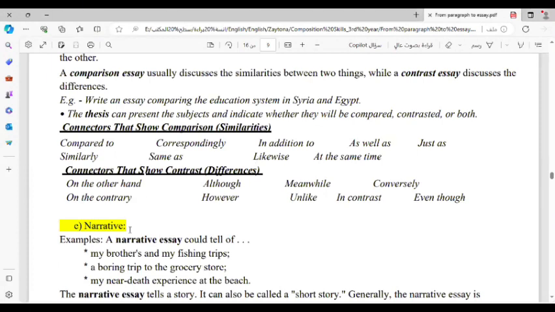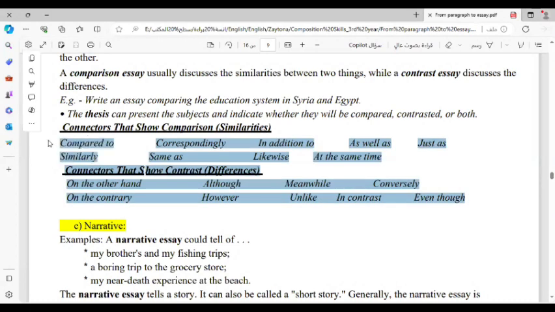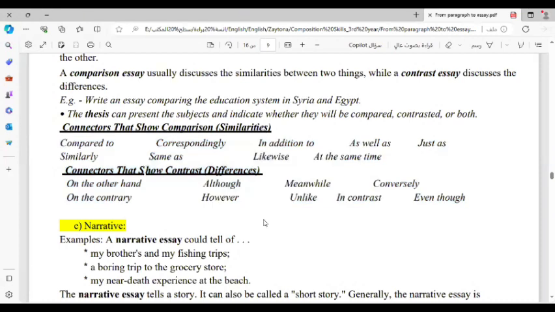Before moving to the narrative type of essay, you need to practice those words. You need to know how to use them in a sentence. You need to write many examples in order to try to use them yourself in a sentence.